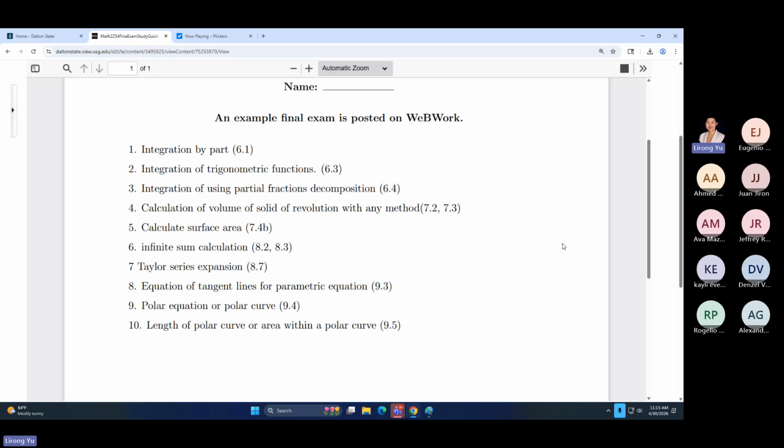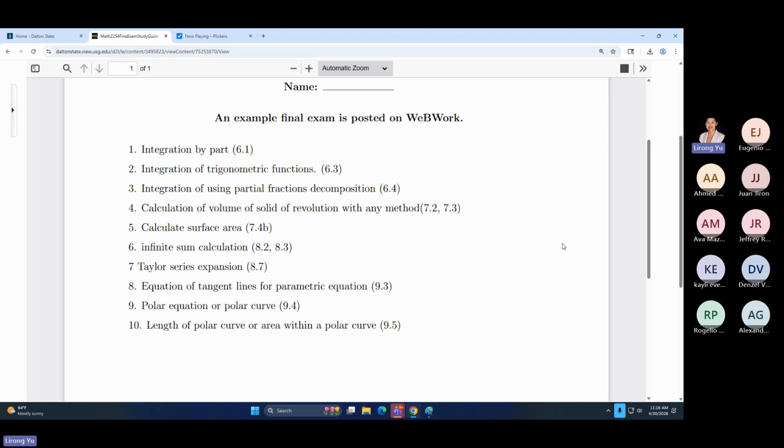Number 3 is integration using partial fraction decomposition. It focuses on how we integrate a division of polynomials. If you have one polynomial divided by another polynomial, it's called a rational function. If the numerator has a degree lower than the denominator, that's called a proper fraction, a proper rational function. If the numerator has a higher degree than the denominator, we have to do a long division.